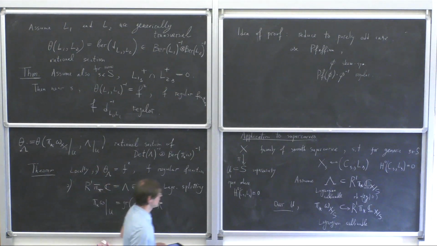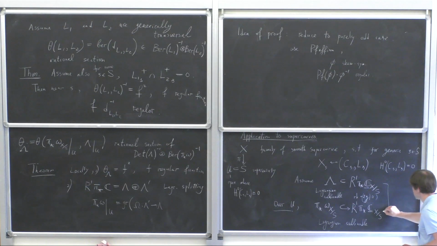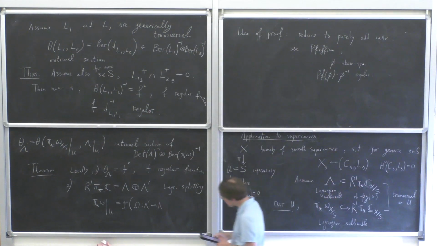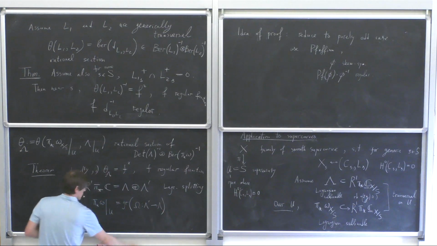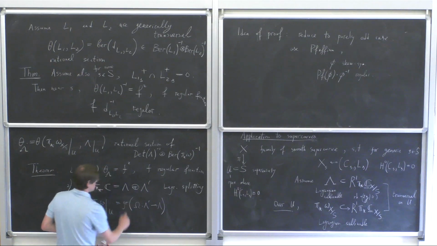Yeah, I forgot to say that these two are transversal. So we assume that they're transversal on U. So this is kind of a period matrix defined in terms of this Lagrangian splitting.